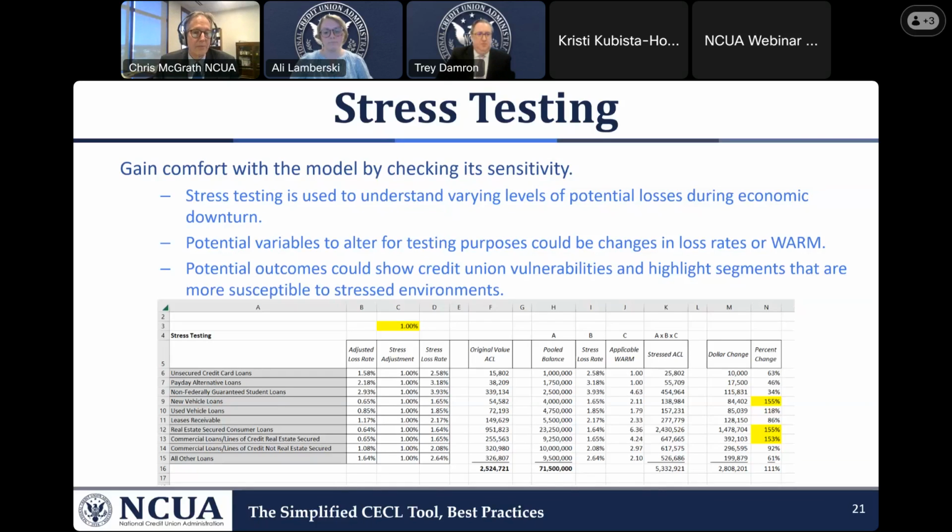That is because the loss rate of new vehicles is very low, and a 1% increase more than doubles the loss rate. Because this portfolio segment is sensitive, say, new vehicle loans, we should make sure that the assumptions, particularly on this loan portfolio segment, are robust to ensure the accuracy of our credit loss estimate.